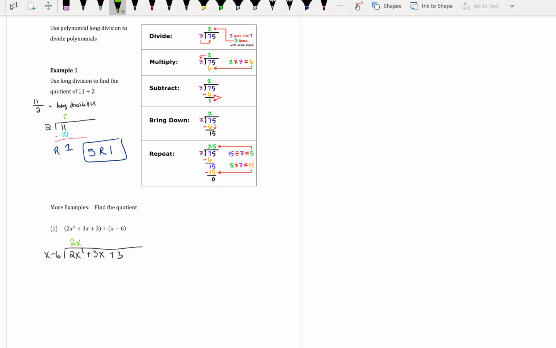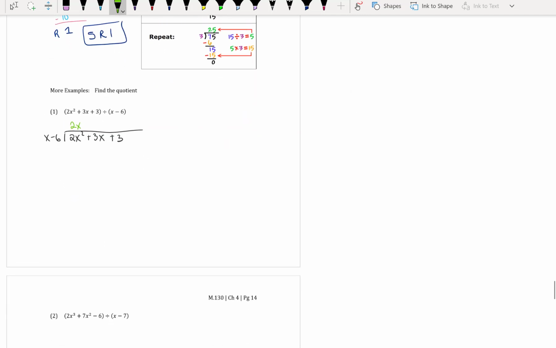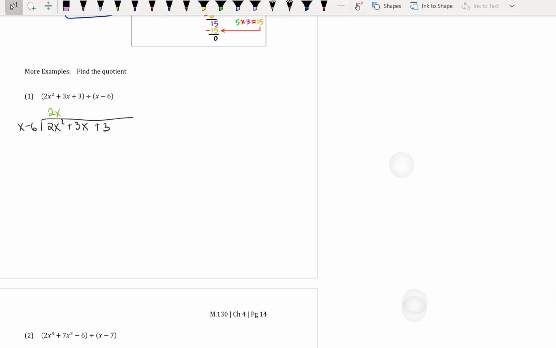And if you need to, you can do your scratch work over here. This is what I usually like for my scratch work. So I have a 2x that's being multiplied by my x minus 6. What do I get when that happens? Well, I end up getting 2x squared minus 12x.